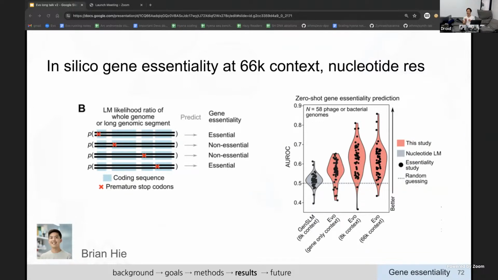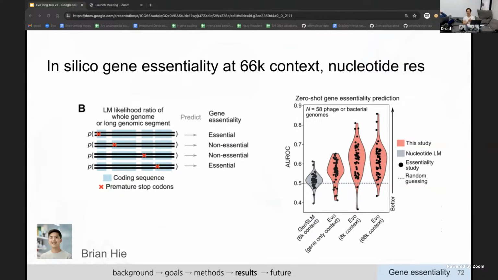What we try to do instead is a virtual version of this. Can we do this in silico just by looking at the model's outputs? So we take a data set, which comes from experimental results. We perturb a particular gene, and then we use the likelihoods again to see if it can be correlated or used as a threshold for essential or non-essential. And it turns out we can get pretty good performance, at least above random, right?